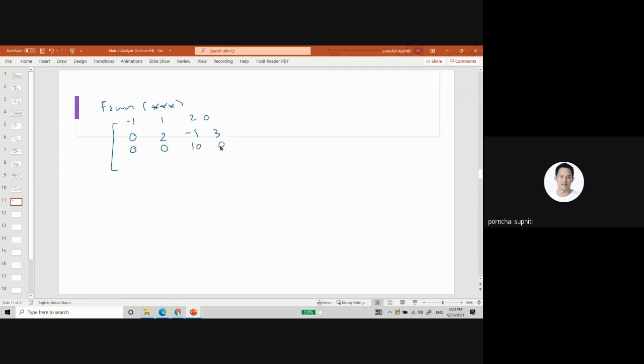I switch line 4 to be line 3, and I switch line 3 to be line 4, so that it's a little bit easier to see as an echelon form. And then on the augmented vector, line 1 and line 2 are left the same, and then I switch line 4 and line 3. So that's all I do.